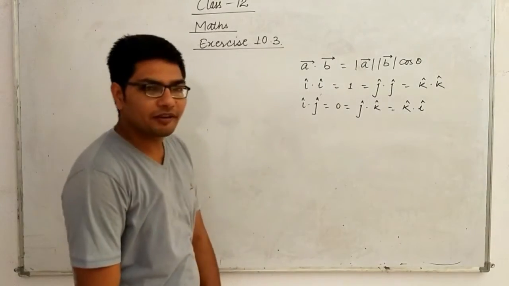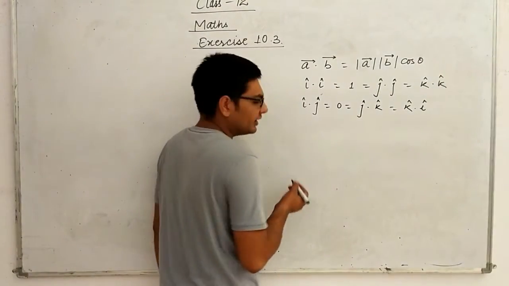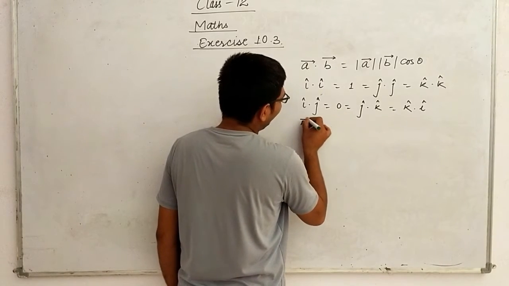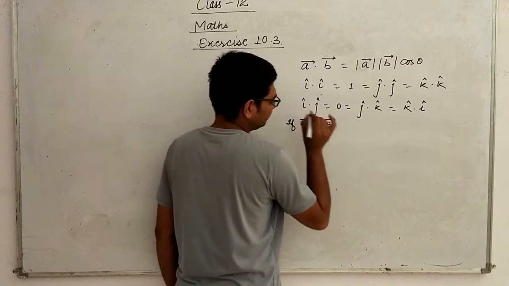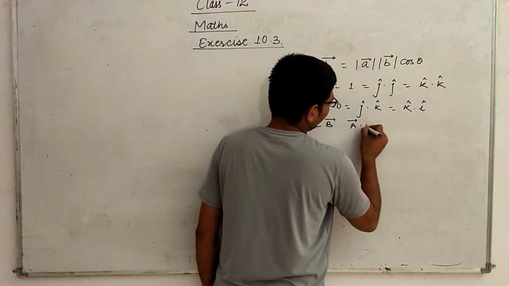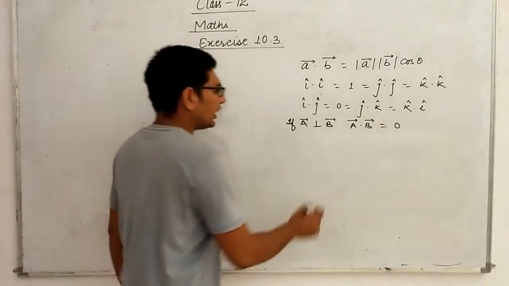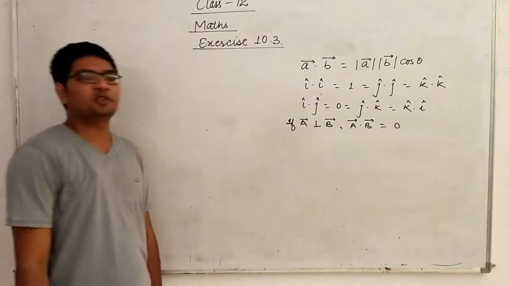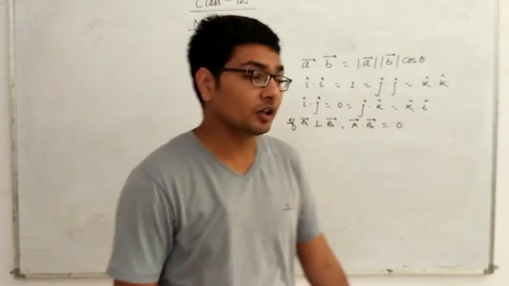Moreover, in the previous video I told you that if vector A is perpendicular to vector B, then A dot B is 0. These are the basic concepts for the dot product of vectors and we are going to solve them.